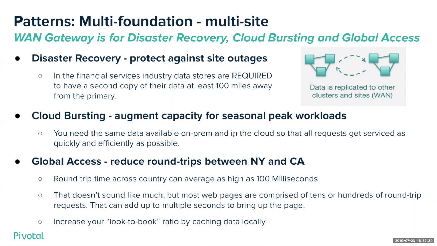And the third case would be global access, right? If you have customers around the world, you will normally want a much more responsive system. If you can process their requests locally, to where they originate, that would be a better solution and better user experience. So that's another use case for PCC here.